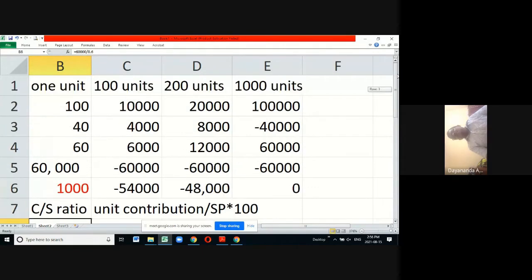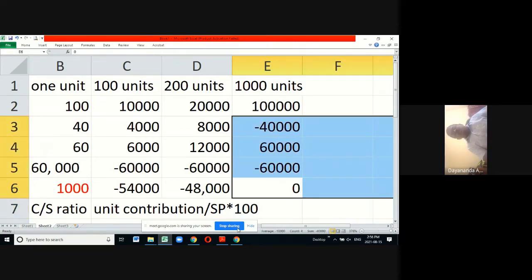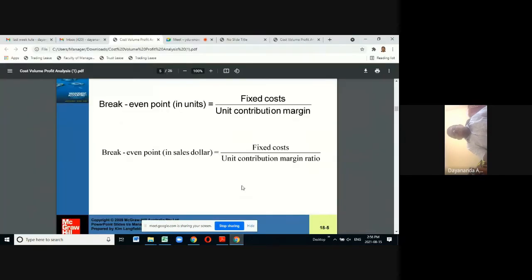Just look at this here. Sales units 1,000, break-even at sales volume, volume meaning here the rupees, 100,000 sales, your profit is 0. So that is about the break-even: how to calculate break-even in terms of quantity and rupees. Is it clear?